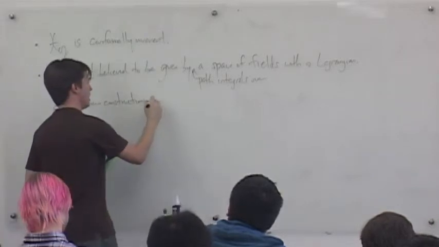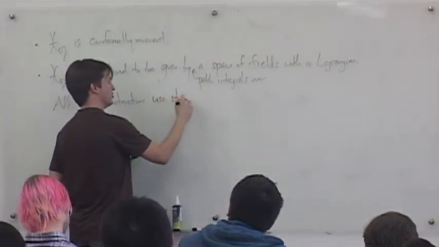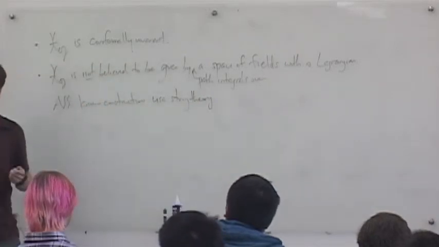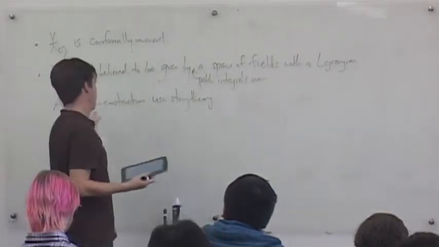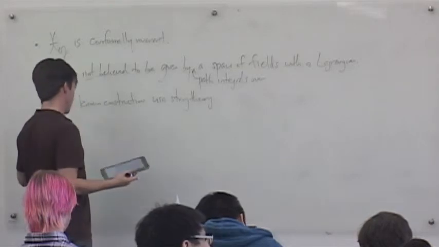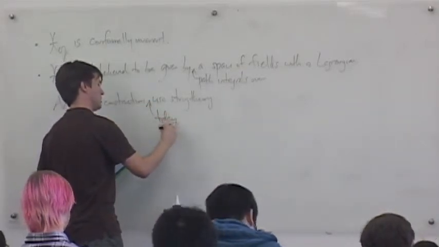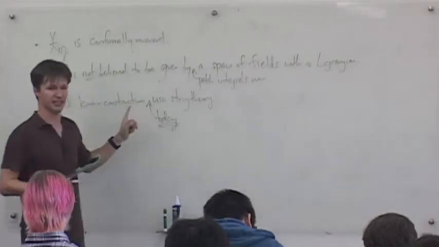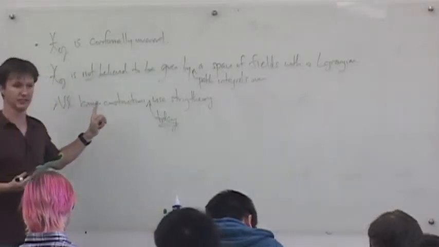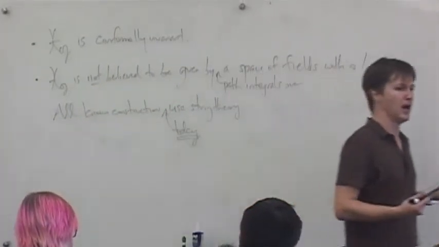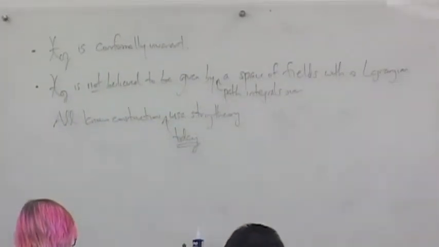The bad news is that all of the known constructions use string theory, so you have to accept first the existence of string theory, which is much harder to construct. Very recently, the situation may be improving, and I think you may hear about that in Kevin's talks. But up till today, it's not really known how to make this thing without using string theory.